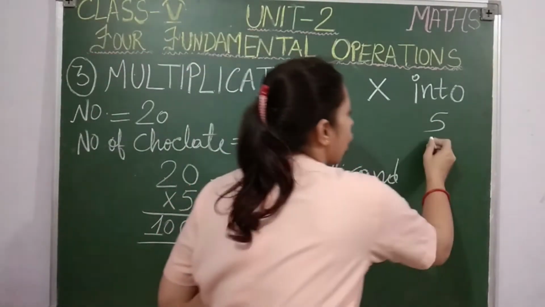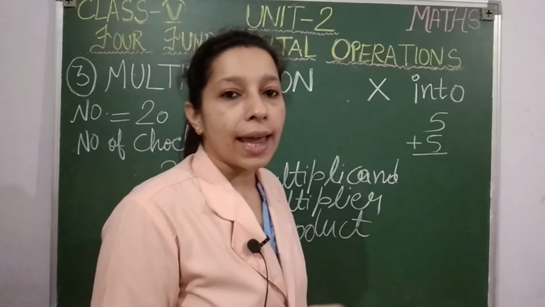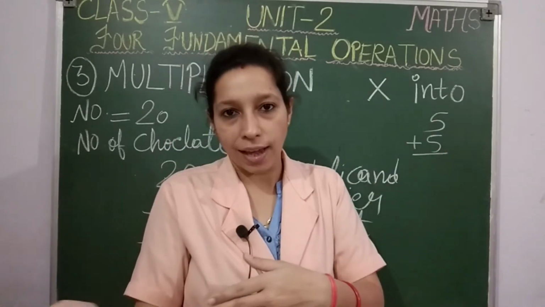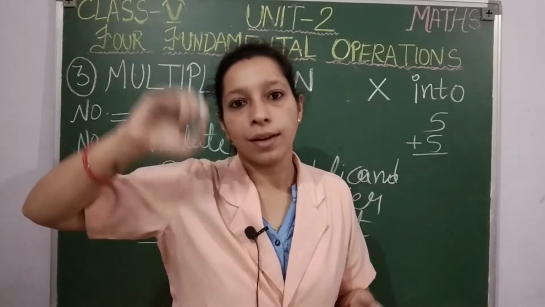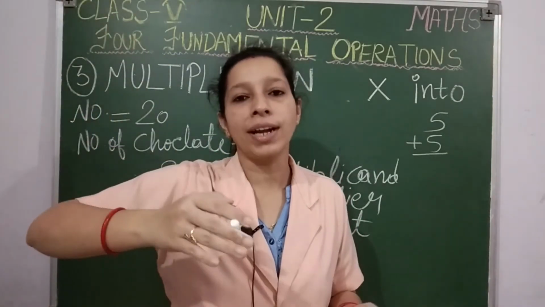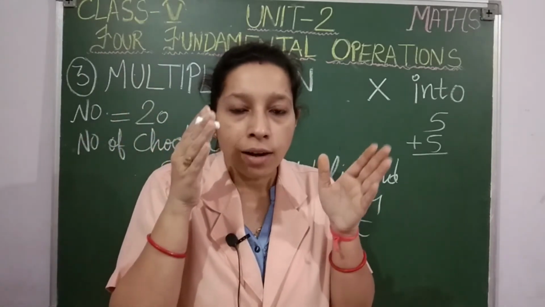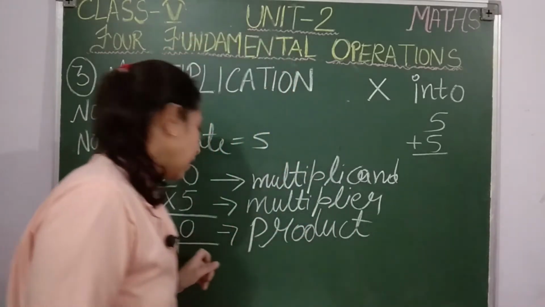In 2 packets, 5 plus 5, how much, students? 10 chocolates. Then in 3 packets, 5 plus 5 plus 5, 15 chocolates. Like this we will add up to 20 packets, every time adding 5. So when you add 5 twenty times, finally you will get 100.